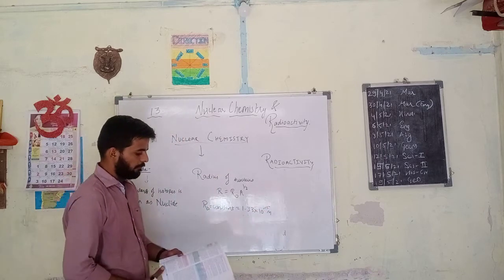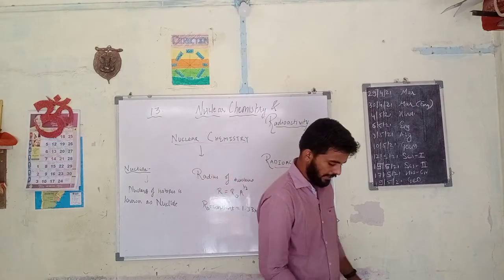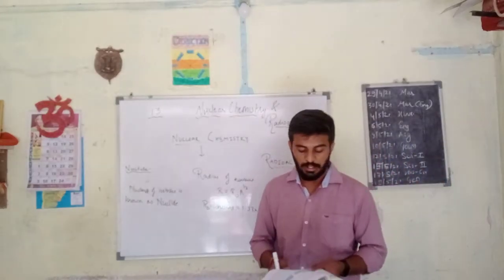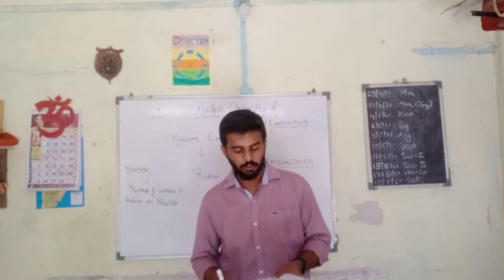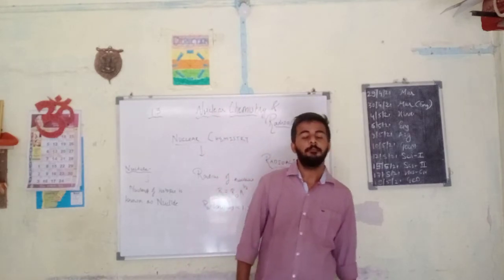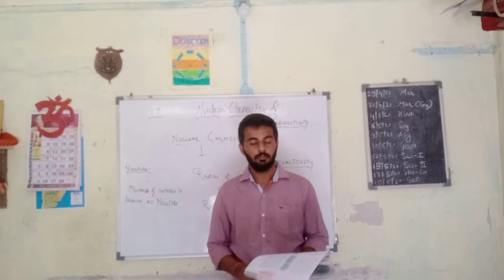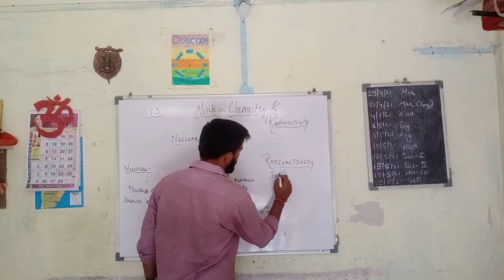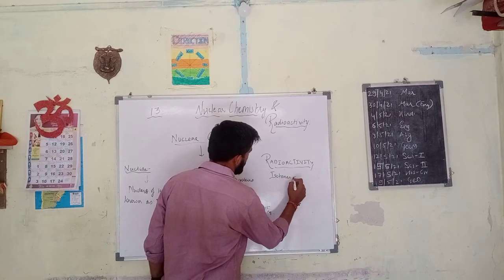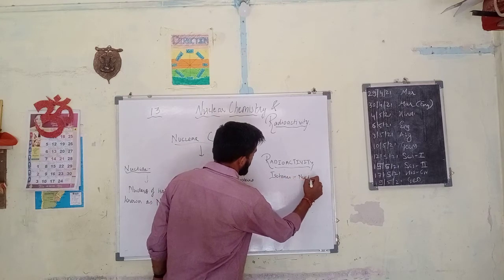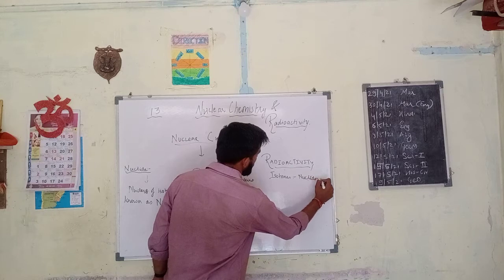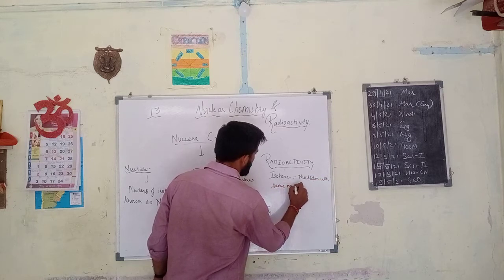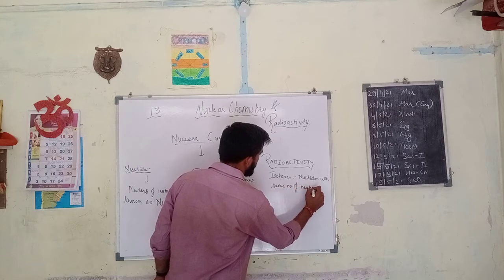Now, the next point that we need to see is isotones. Isotones are nuclides with the same number of neutrons.